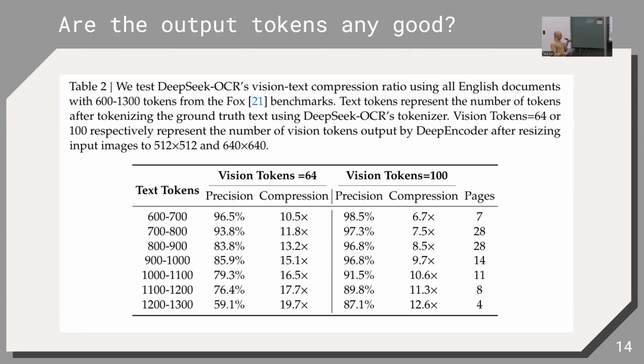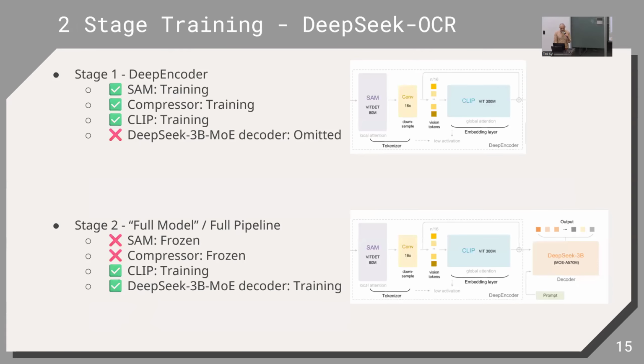And again, different compression ratios. If you can compress it 10 times, you have 97% precision, they call it. In other words, you can compress the image of the page 10 times and get really close to the accuracy of all the text that's on the page. It's kind of dense here.